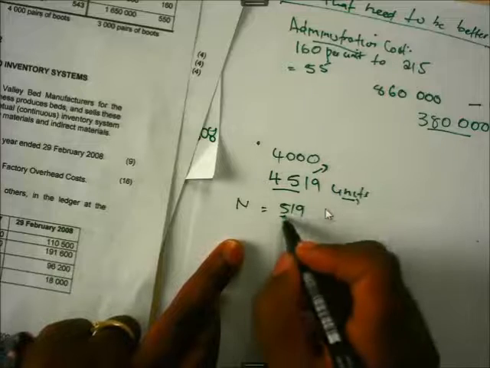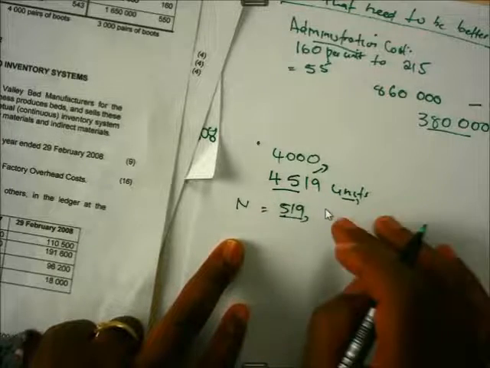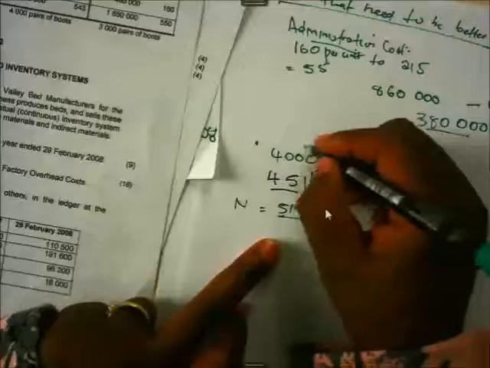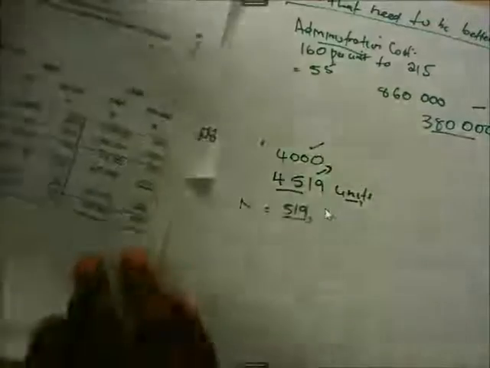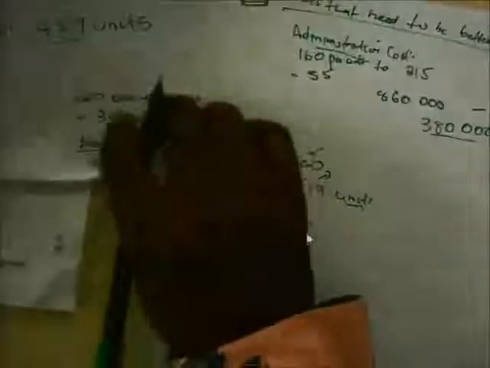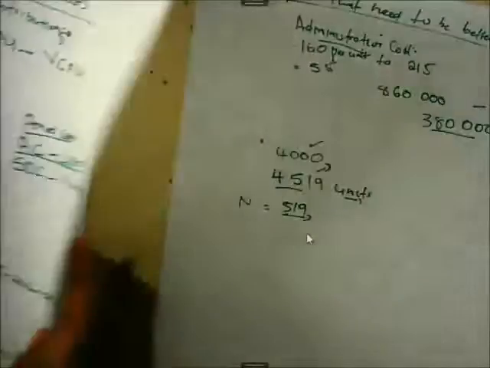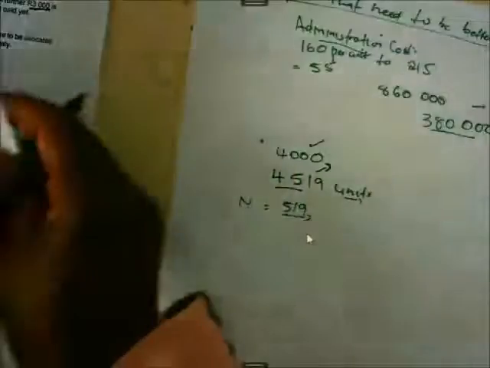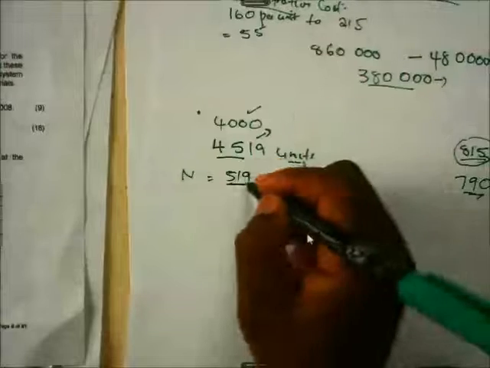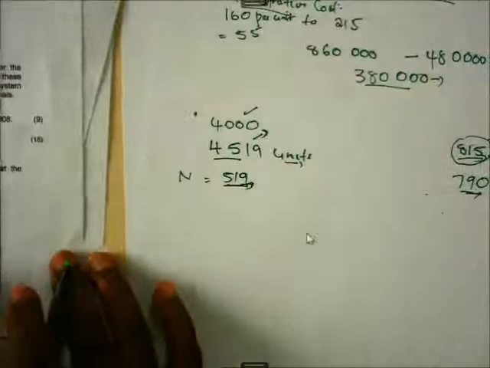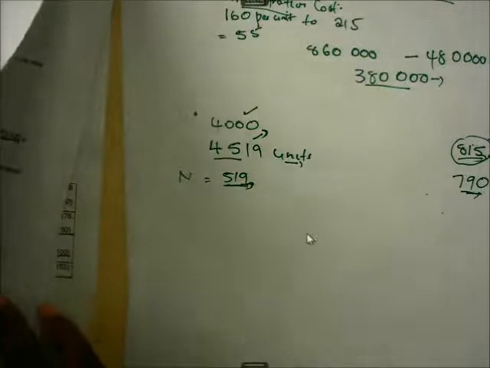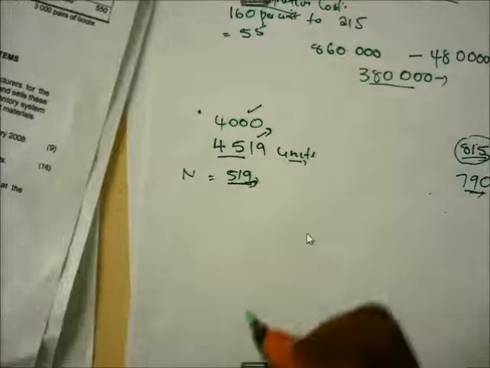We need 4,519 units to break even, though we have produced only 4,000. So the answer to this question will be no. We cannot meet the break-even point in future. So this is how we answer the internal control or internal audit questions in manufacturing.